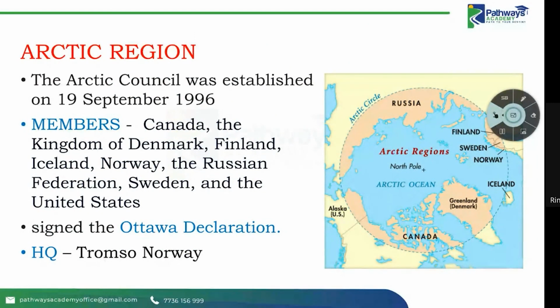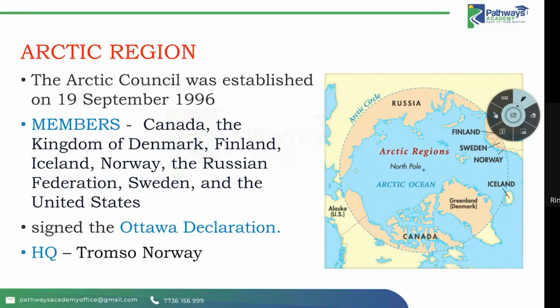Then the Arctic region. Actually, the Arctic region comes in the news. It is related to natural resource scarcity, because India is more focused on the Arctic region for petroleum and natural gas. That's why the Arctic region comes in the news.